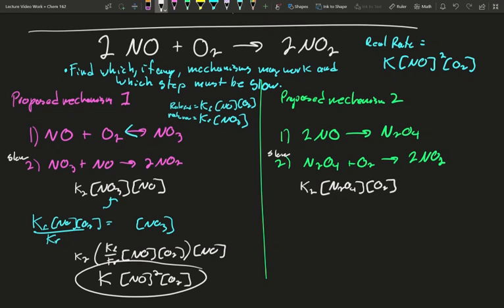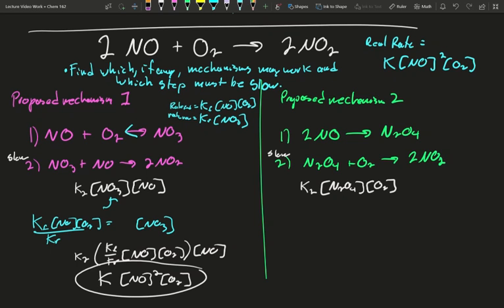Our first step being in equilibrium will bring that NO and O2 down, and so they'll combine with our other NO in the second step, so that our combination of our elementary steps makes our rate look like what we see in the real rate. A constant times [NO] to the second order, [O2] to the first. So our proposed first mechanism could work if the second step was slow. It would return the correct rate law.